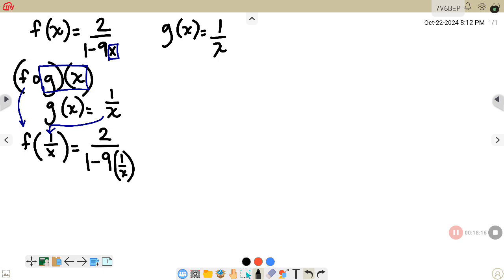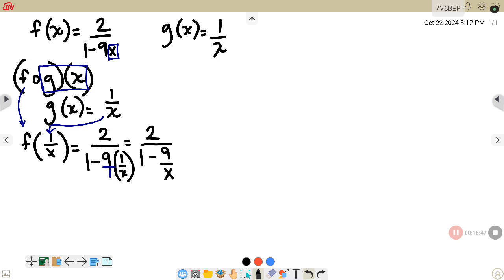So now we need to simplify this. So 2 in the numerator. Now, in the denominator, I'm just going to bring over the 1. I have minus 9 times 1 over x. So I'm going to think of it as minus 9 over 1. So when I multiply, I just go straight across in the top and bottom. So I'm going to have minus 9 over x.